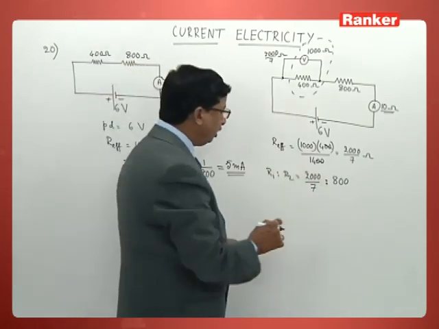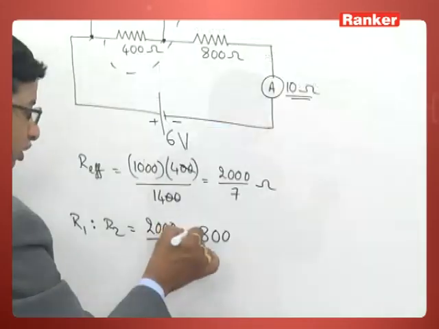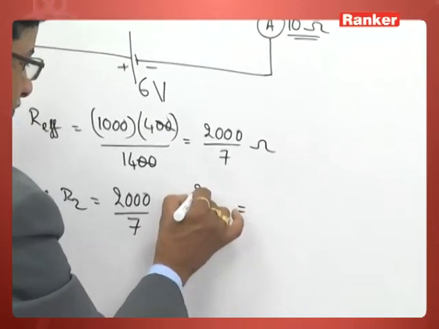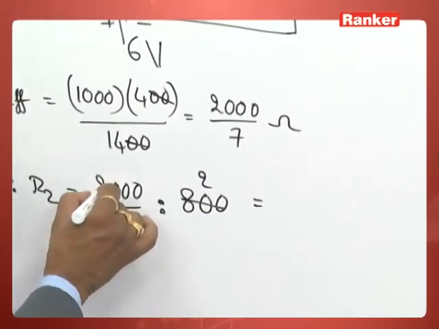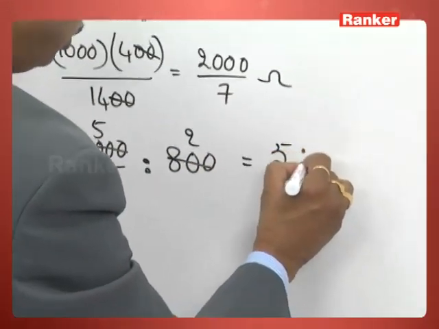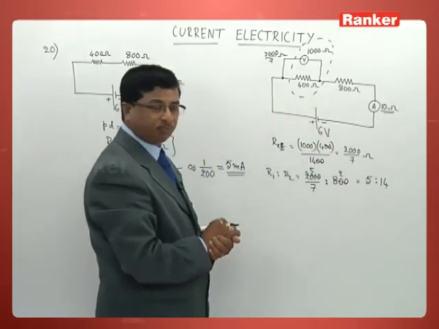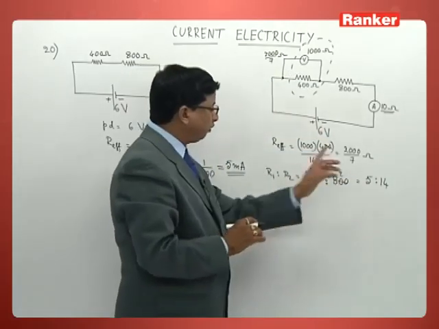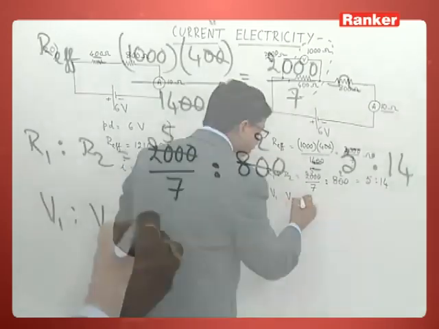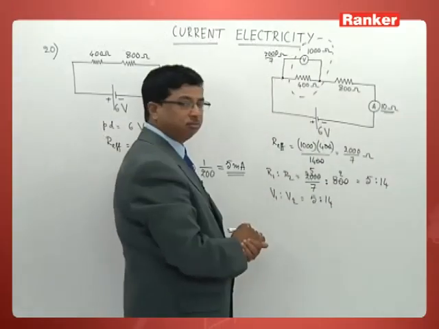So you can cut these zeros, and it will now be 2 times 400, and here 5 times. So you will get the ratio 5:14. Resistance ratio 5:14 means the potential difference ratio will also be the same, 5:14 only.